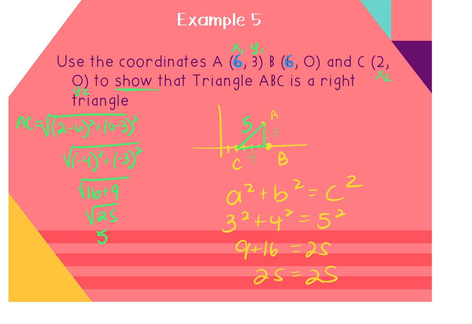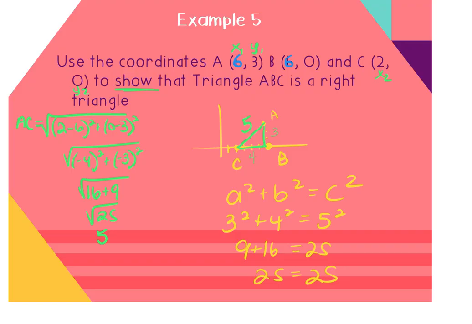So on your homework, when it says show that, you cannot just plot it and say it looks like a right triangle. That's not what I'm looking for. You've got to use the distance formula and the Pythagorean theorem. We still good?